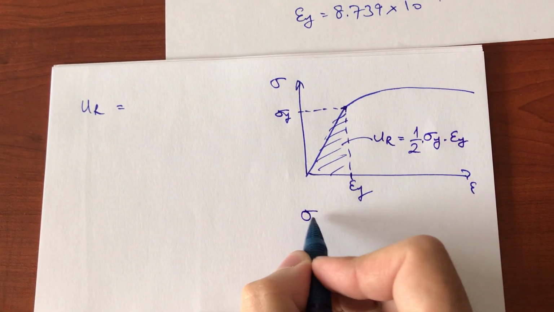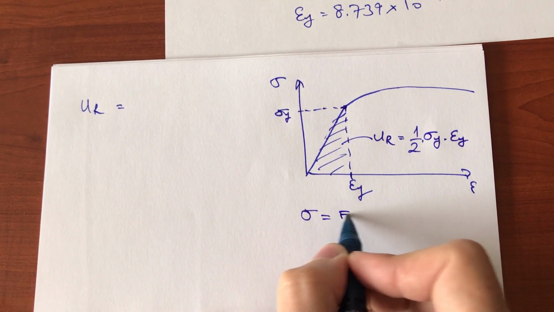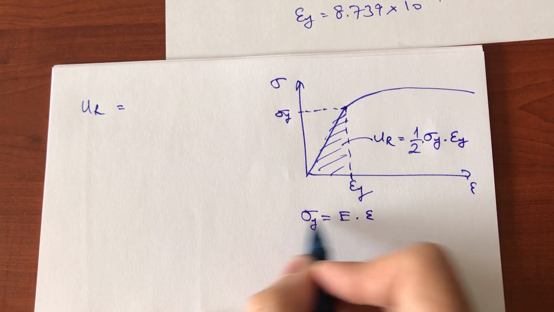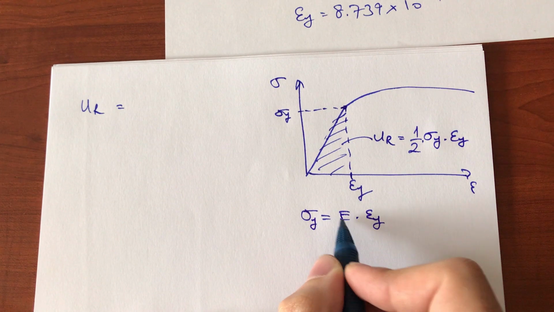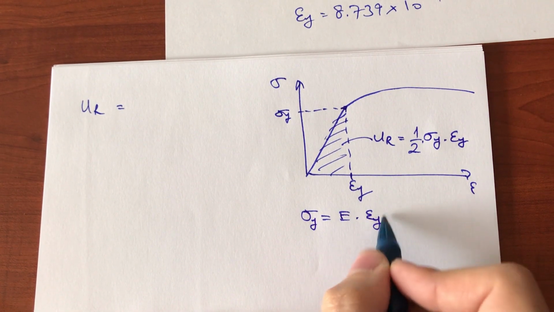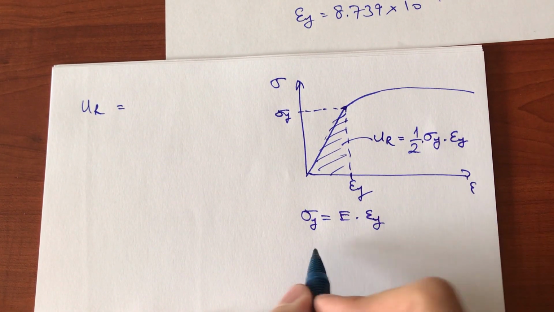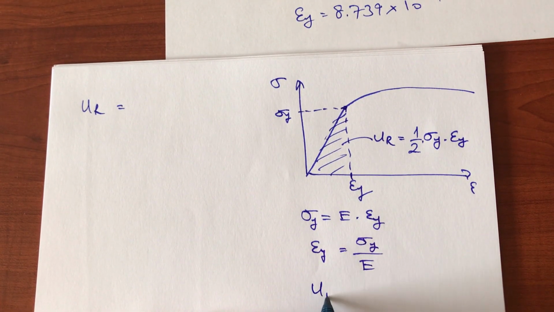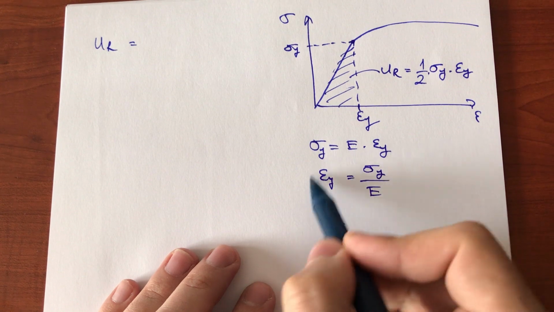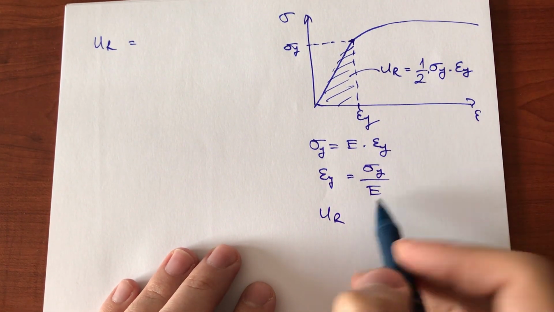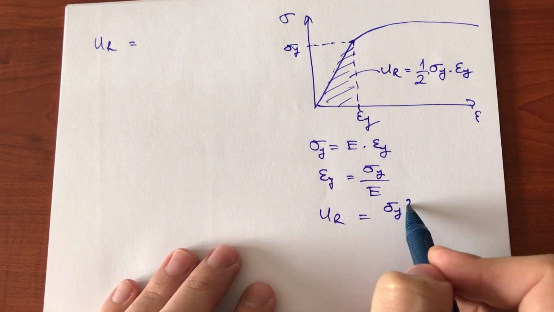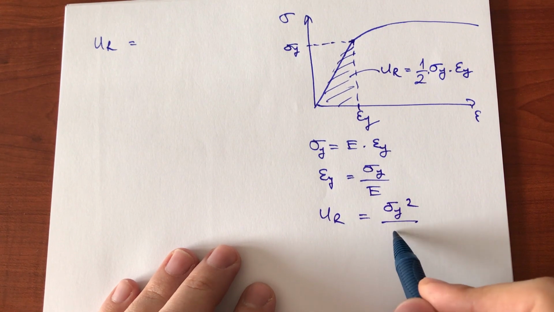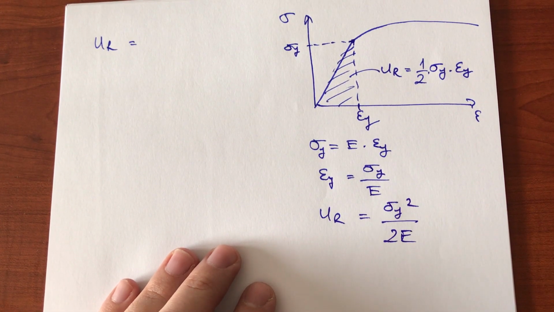And from Hooke's law, we know that sigma y is going to be equal to Young's modulus times epsilon y, and epsilon y then is this. So if you substitute epsilon y in here, then you get UR as square of yield strength divided by 2 times the elastic modulus.